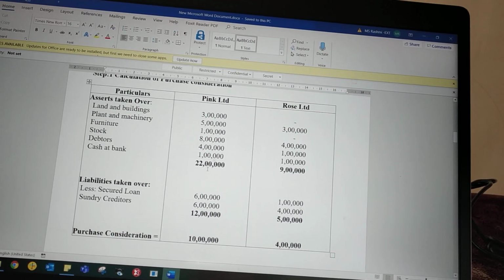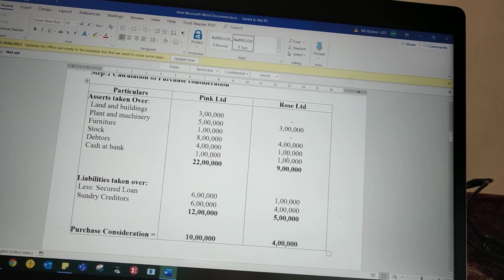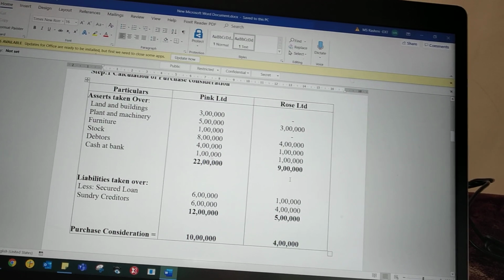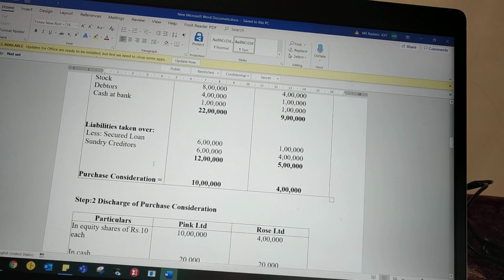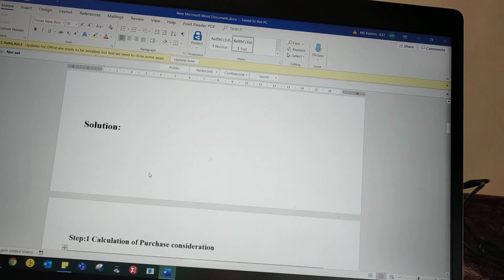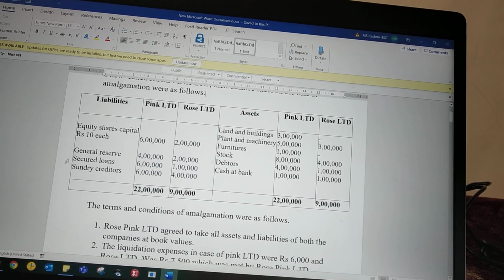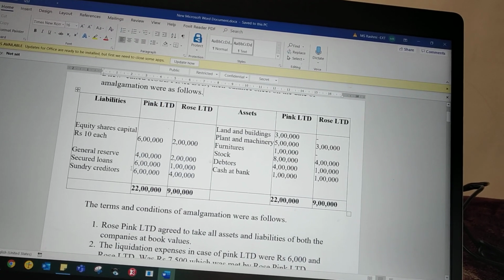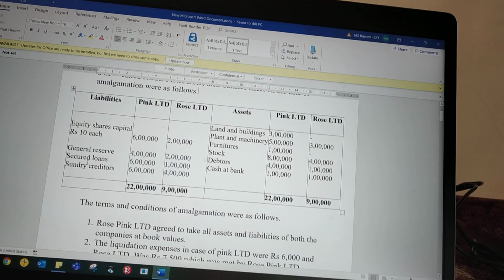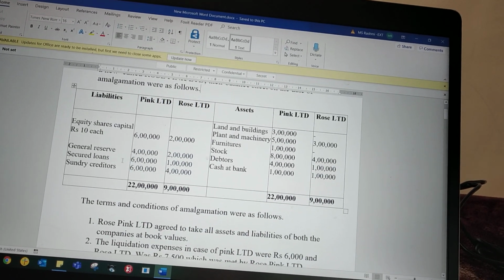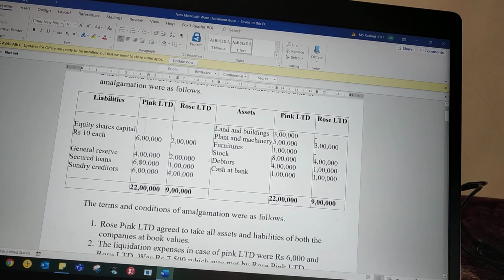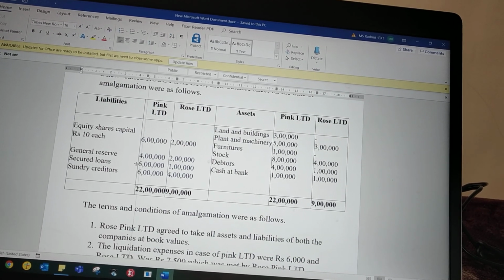Rose Limited's total assets will be 9 lakh. From the assets, only the external liabilities have to be deducted. The external liabilities are the secured loan and sundry creditors. These values only you have to consider.